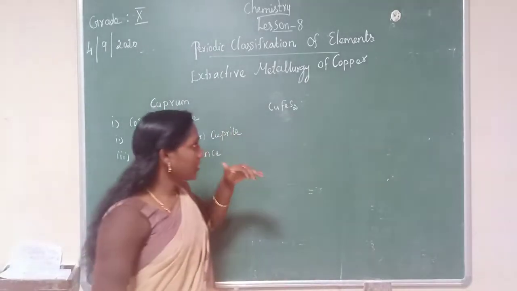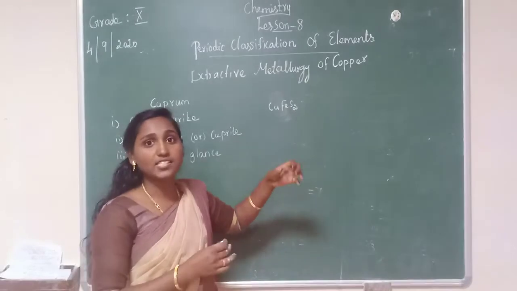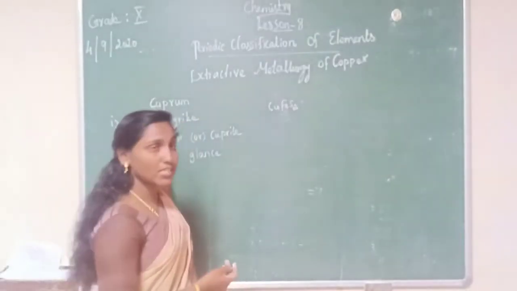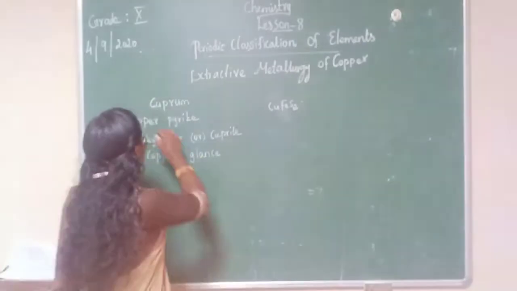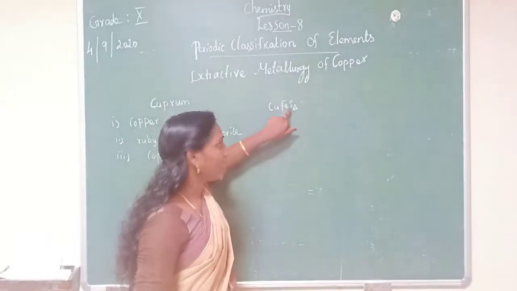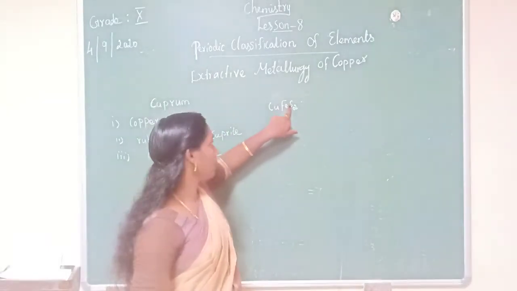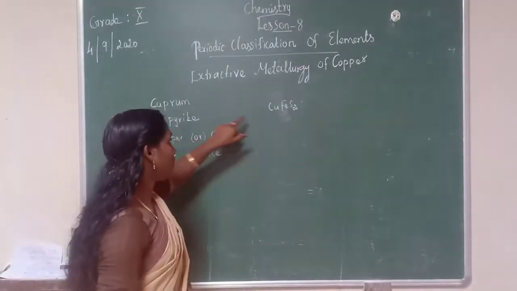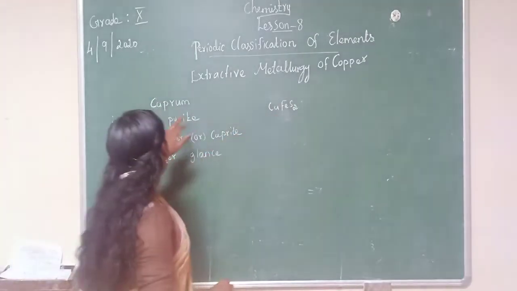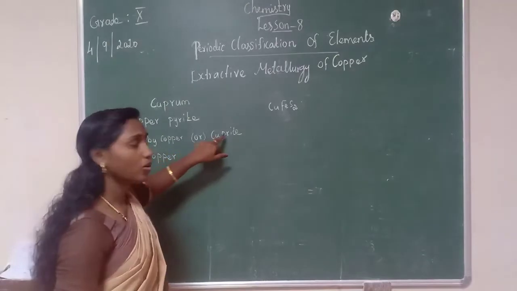That metal contains some other impurities or some other element mixed there. From this copper pyrite we are going to separate the copper. This copper pyrite contains copper, iron and sulfur compounds. So the copper pyrite formula is CuFeS2.